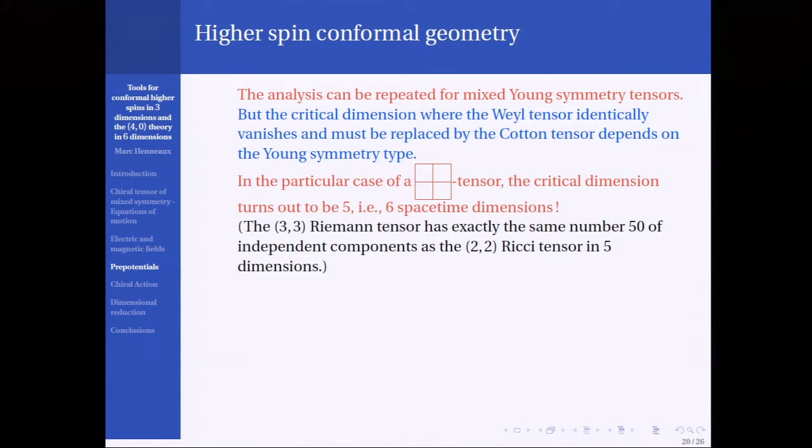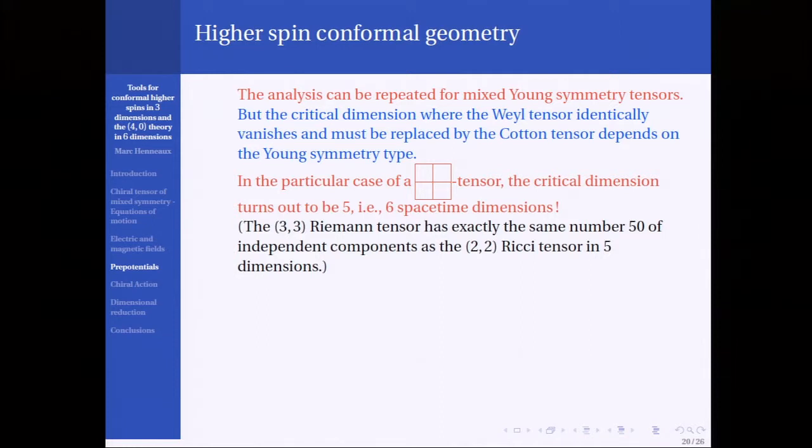Okay, and indeed, I actually already used that in previous slides, if you compute the components, that's one way to convince oneself that it's true, but then you can prove it is indeed true by playing with epsilon and identities. If you compute the number of components of the Riemann tensor, it's exactly the same as the number of components of the Ricci tensor in 5 dimensions.